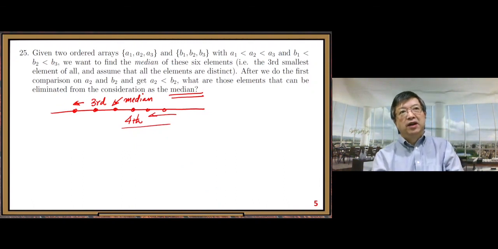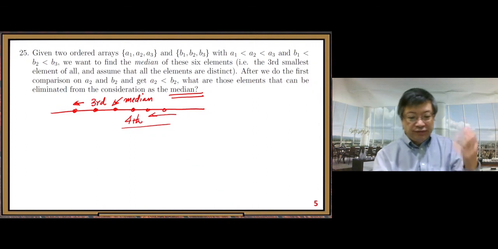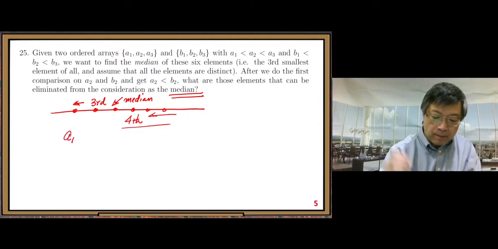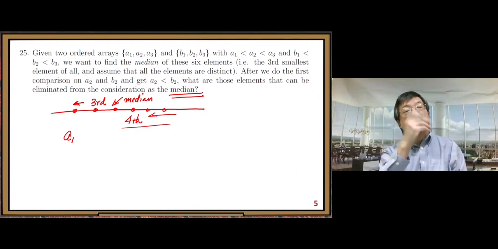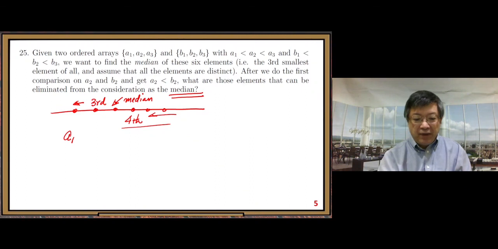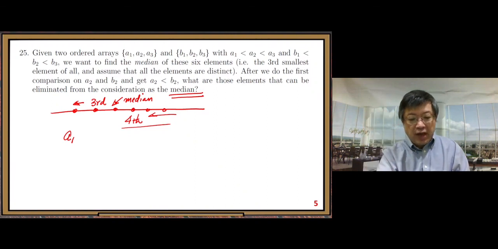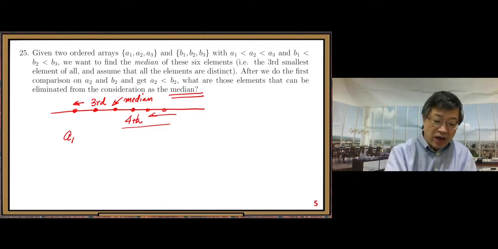All right. So first, why can A1 be eliminated? Because if we look from the larger side, A1 cannot be the fourth. From the larger side, we can see A1 less than A2, less than A3, right?